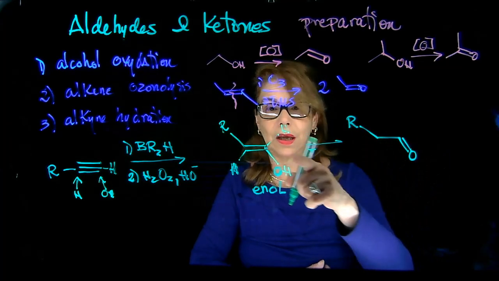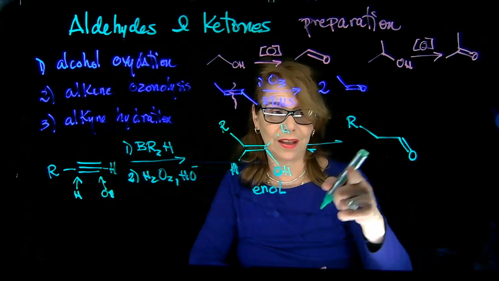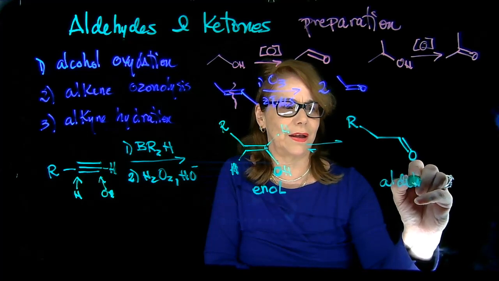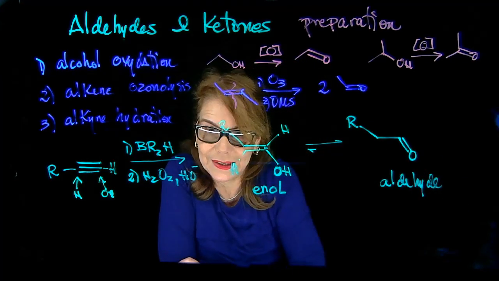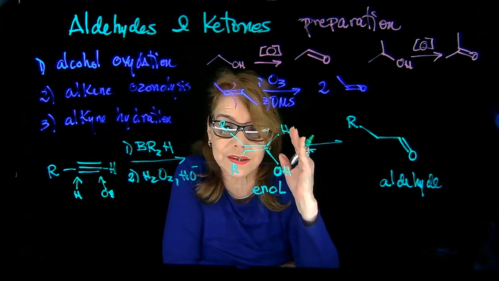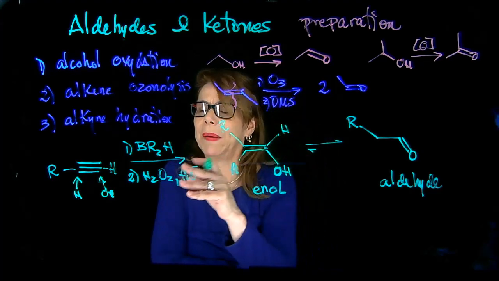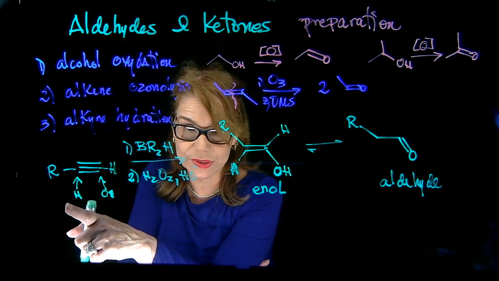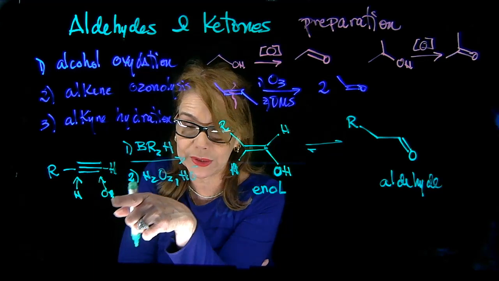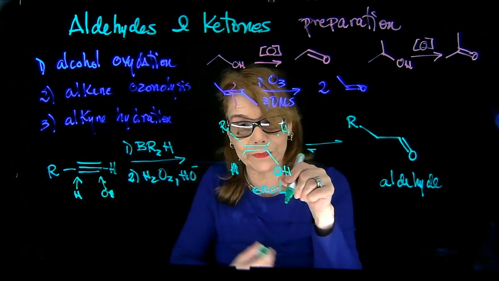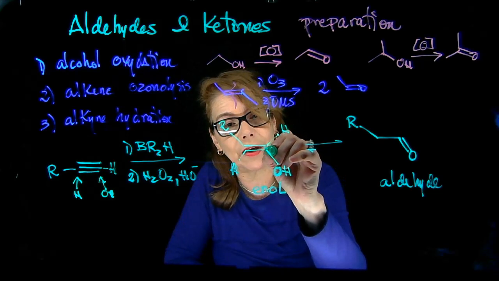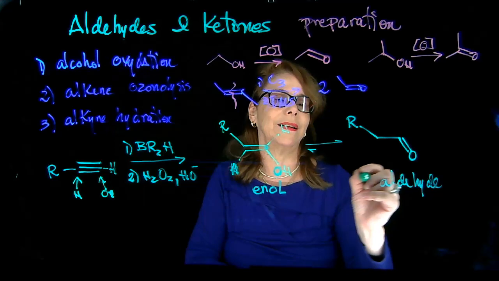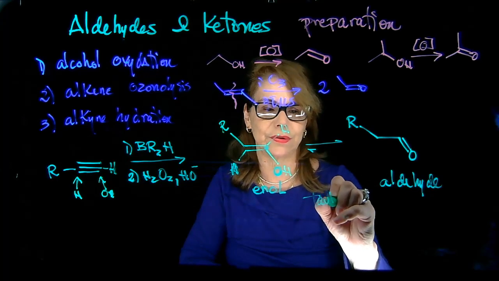So that is an aldehyde. What I want you to see is to be able to predict products. Remember, the hydroboration is anti-Markovnikov, H at the more substituted, OH at the least substituted. That will give you the enol, and then check that the oxygen is at the terminal carbon. So you will get an aldehyde. This is a tautomerization.